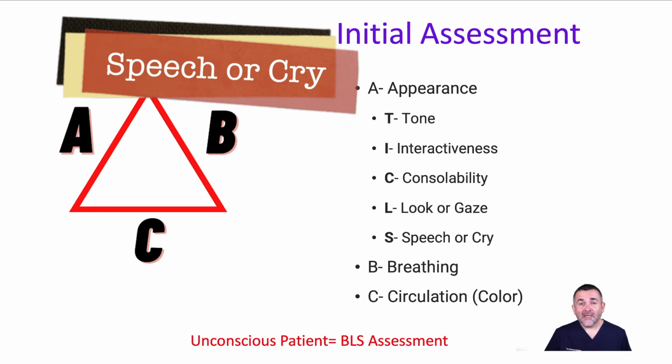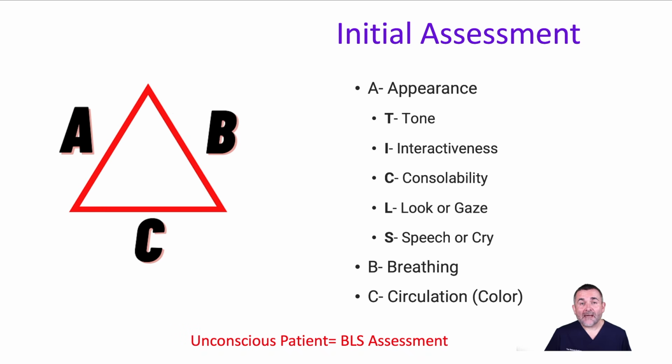Speech or cry. Is the cry high-pitched or abnormal? Are spoken words slurred? Abnormal appearance may signal altered mental status due to neurologic or metabolic compromise, both of which can precede more obvious physical signs.